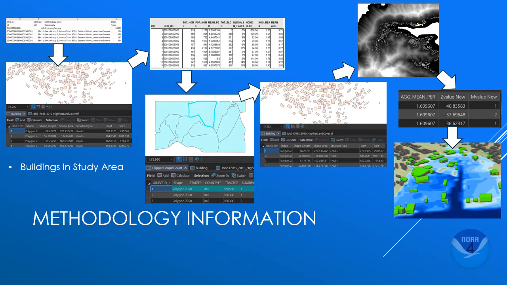Now, each one of those buildings wasn't residential, so I made the assumption that a third of these buildings were residential, a third were government, and a third were commercial. So I got an aggregated mean per building. I then took this information, brought it back down into the block groups and tracts, and then I was able to spatial join that over to the buildings.